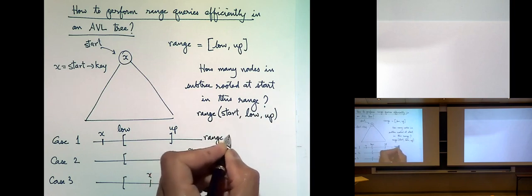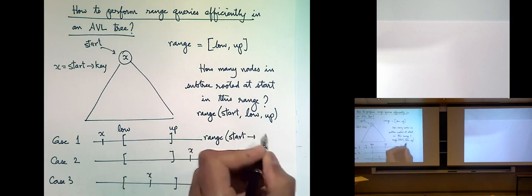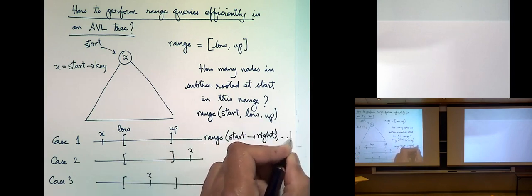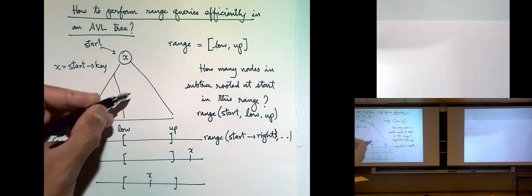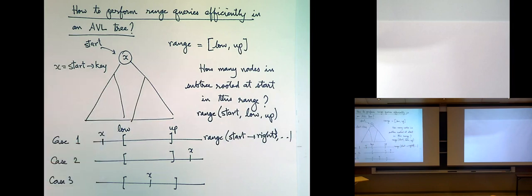You just make a recursive call to start arrow right, and the other parameters will be the same. You don't need to go to the left side; you can completely ignore that entire portion. And this is where this is more efficient than a tree traversal. A tree traversal will just walk through the entire tree, ignoring the values. Does this make sense?